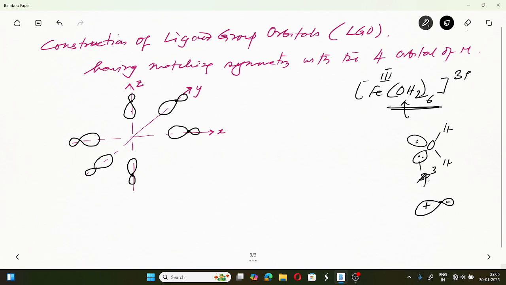Can you follow this? These are the orbitals which should be considered.